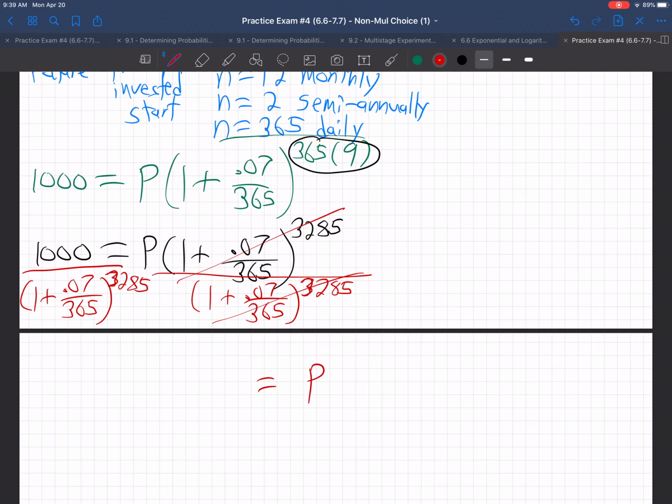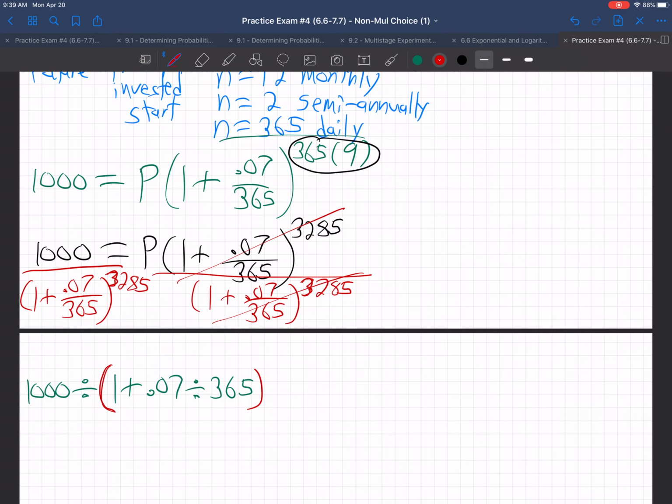So P will equal, now we have to put that in on the calculator. Let me help you with how you type that in exactly. You're going to have to type in 1,000 on your calculator, divided by, and then you're going to have to do a parenthesis. 1 plus 0.07 divided by 365, and then you're going to have to close that parenthesis.